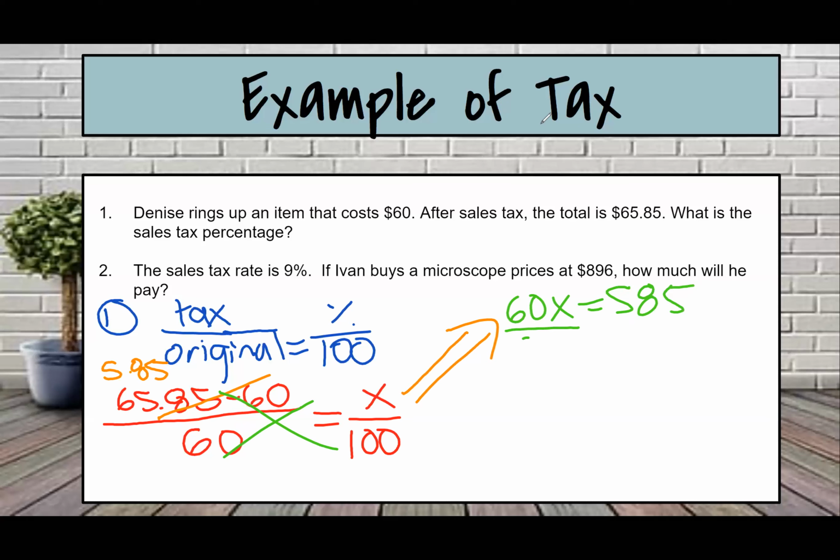We have to divide 60 on each side so we can get x by itself. And x will equal 9.75. So the answer to our question, what is the sales tax percent? It would be 9.75%. That would be your sales tax percentage. I'm going to go ahead and clear this so I can do number 2.